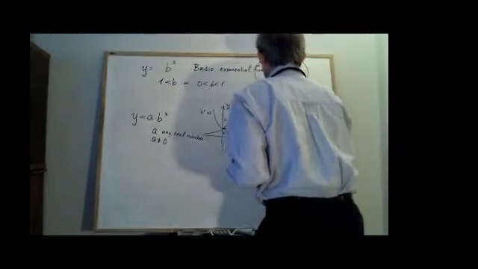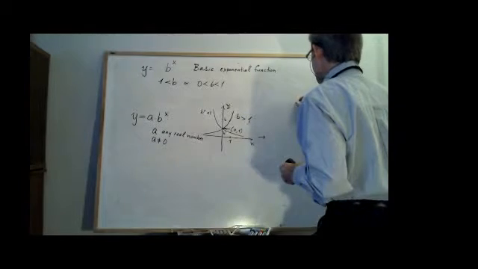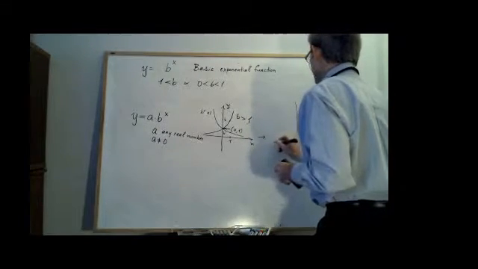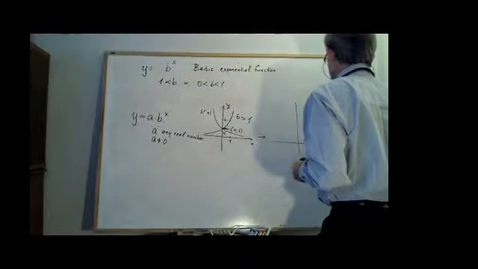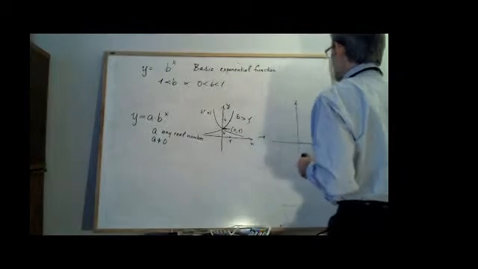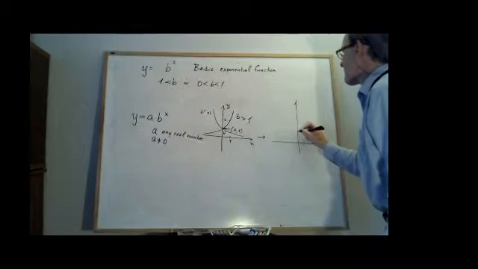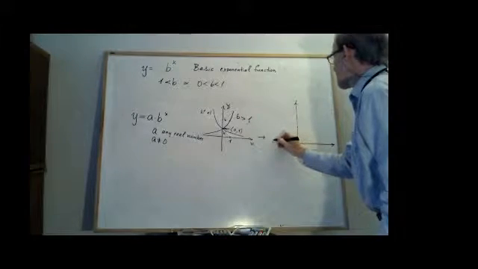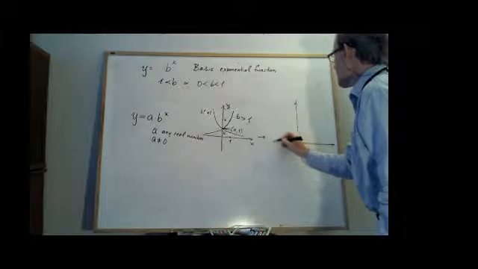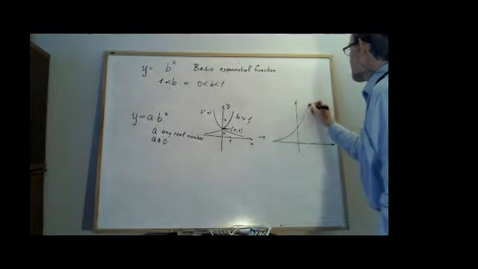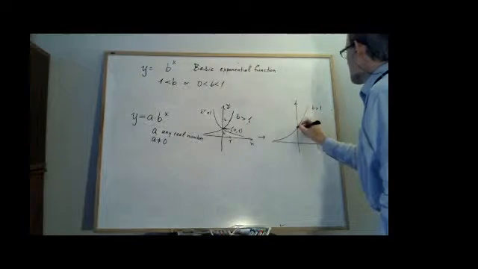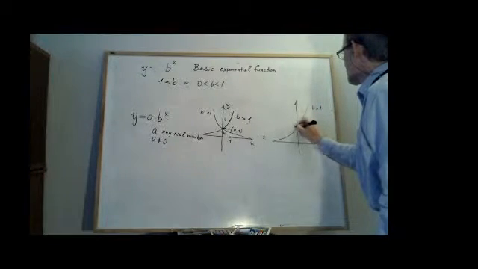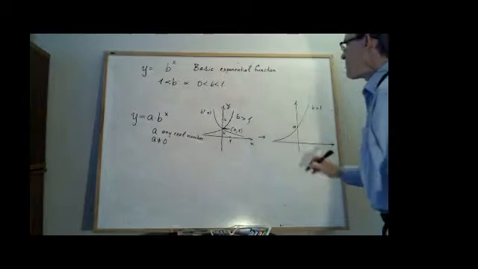So then this simple graph becomes, let's say, starting here, for b greater than 1, a graph which looks like this. And this intersection point will be a.